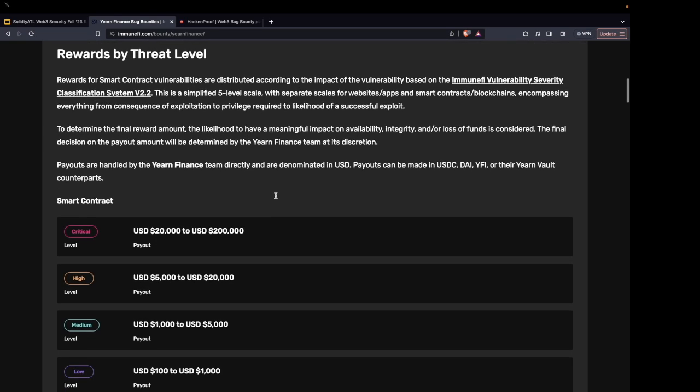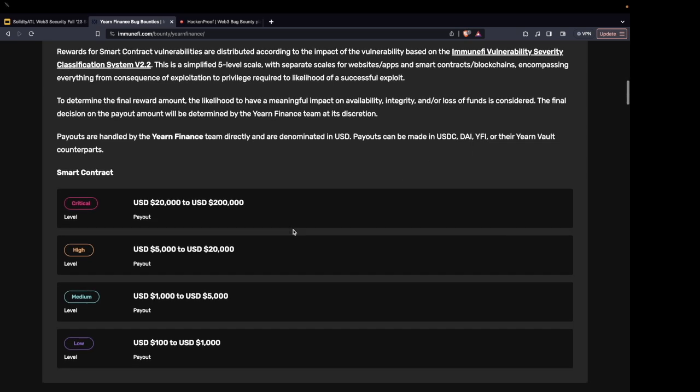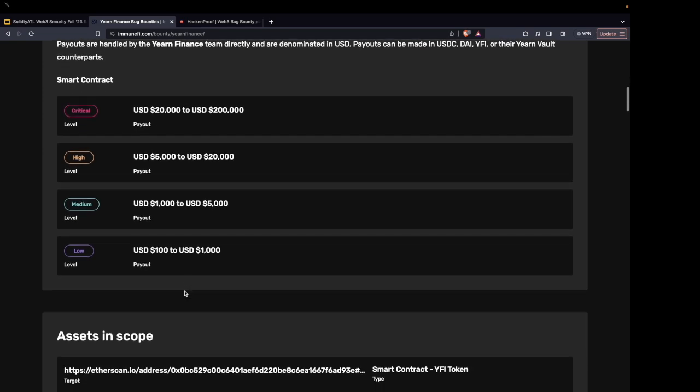The payouts are usually defined in what tokens they can be in. Generally, there's USDC or another stablecoin, or that protocol's token. And you can see, based on the level of the vulnerability, so low, medium, high, critical, there are different payouts.